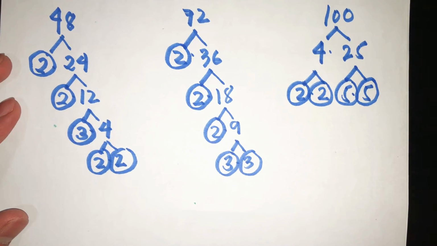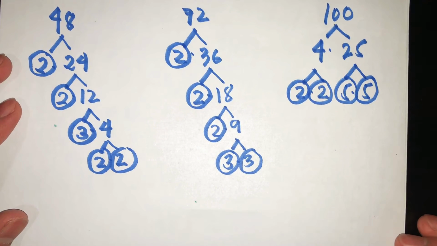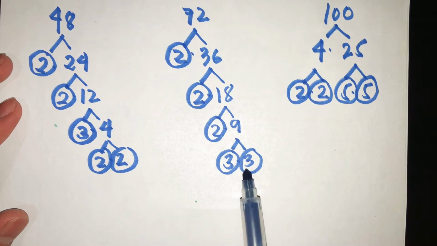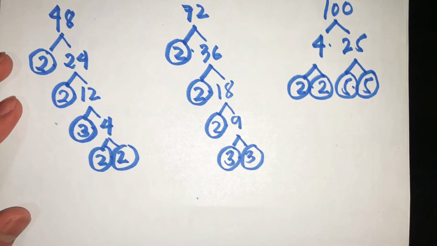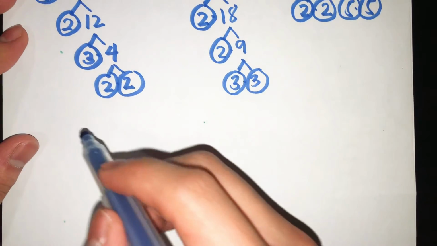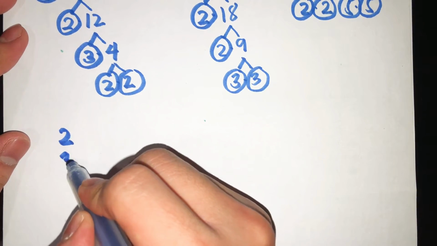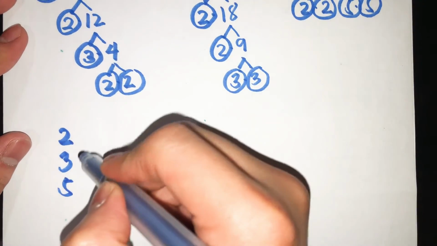We're going to construct our table. Okay? So what are the numbers that are frequently seen in the given prime factors? So we have 2, 3, and 5. So we're going to construct tables for 2, 3, and 5.